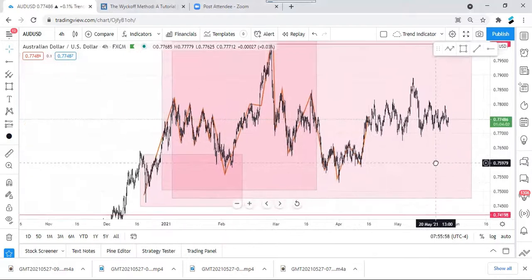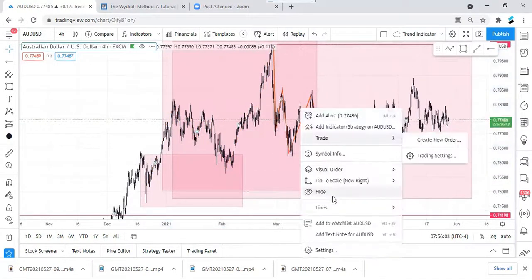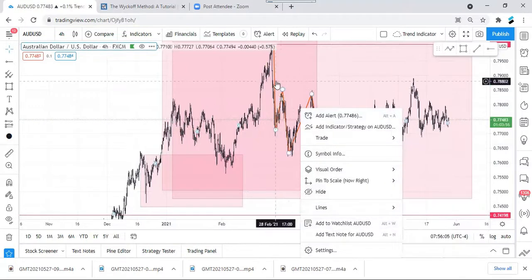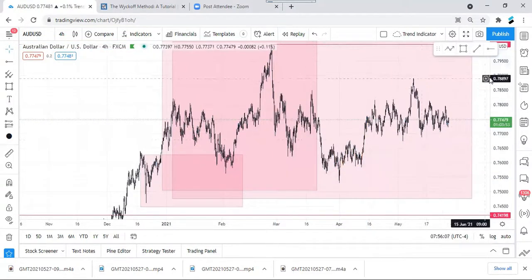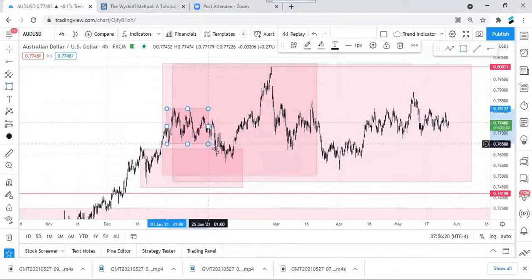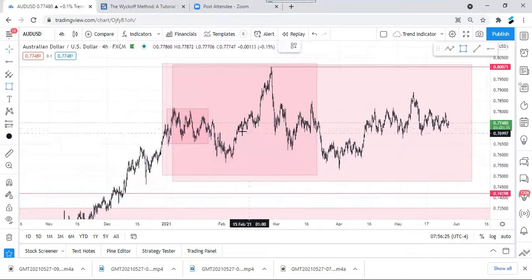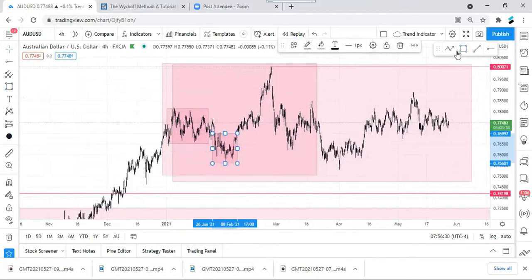So if we take a look at the 4-hour time frame, let's see what kind of pattern we see. Okay, we have a distribution here. In the 4-hour time frame, we see this as a distribution, and then followed by accumulation.